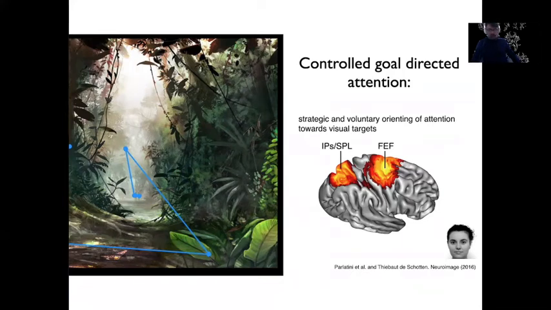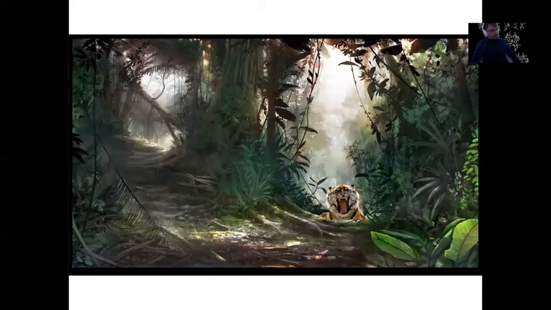However, life is not always that simple, and sometimes you need to be much quicker and less strategic in order to optimize your chance of survival. So typically in this situation, you got a tiger and your attention will do this.